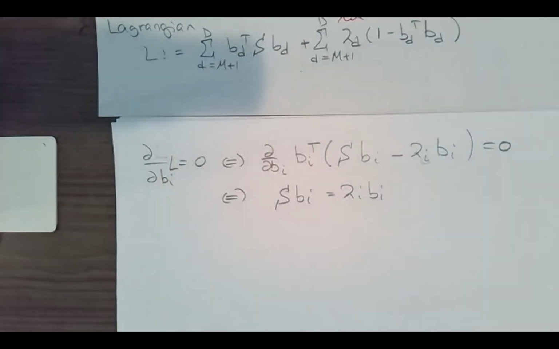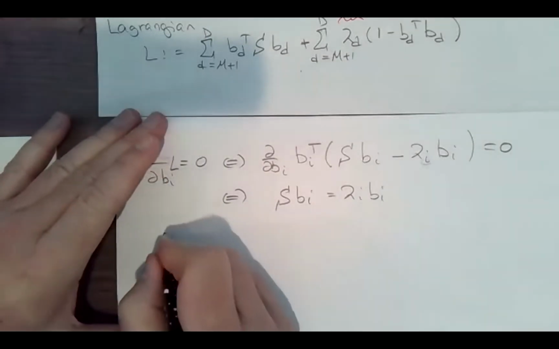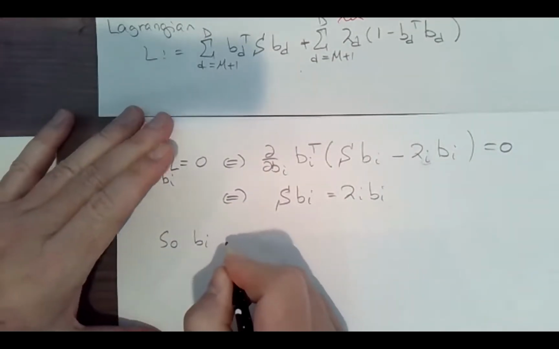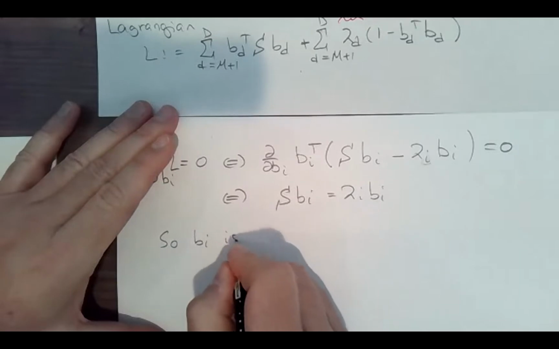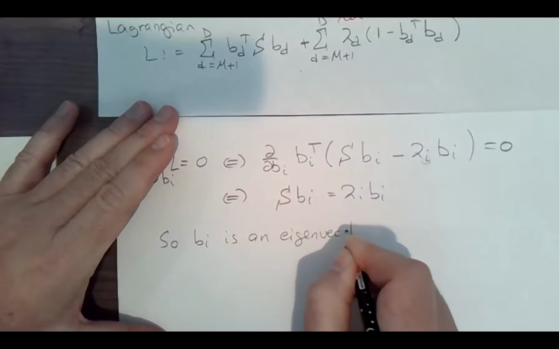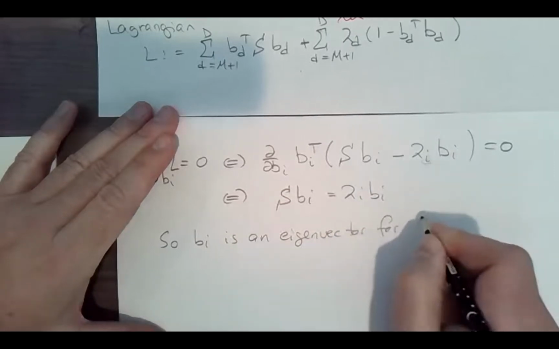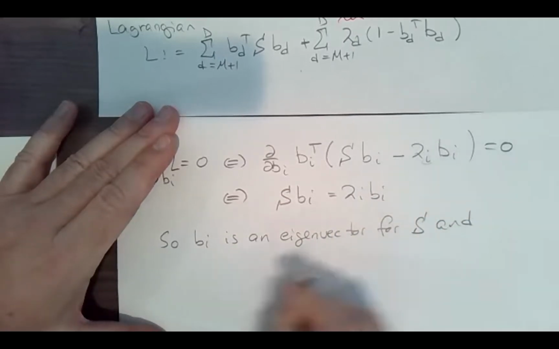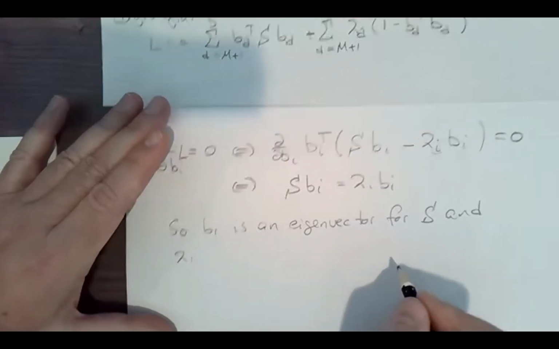And that's the magic part. This shows that BI is an eigenvector for the variance covariance matrix, and lambda is an eigenvalue.